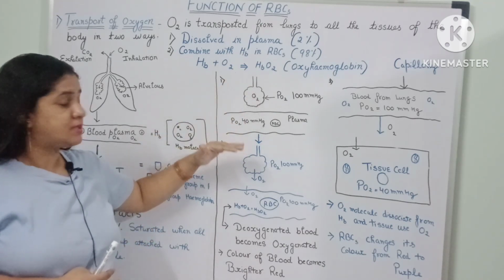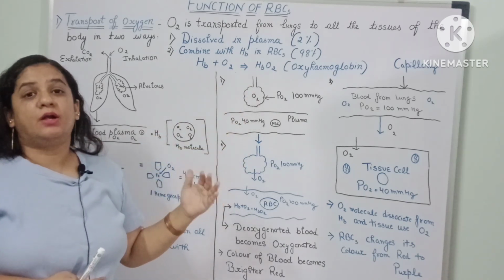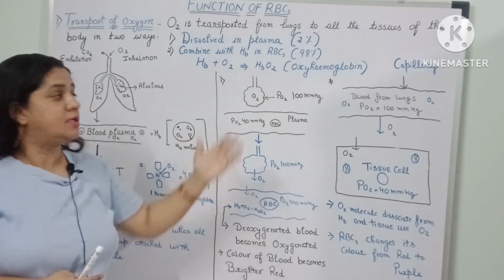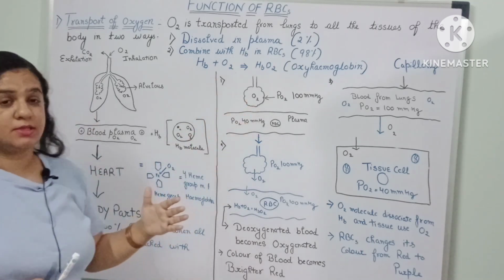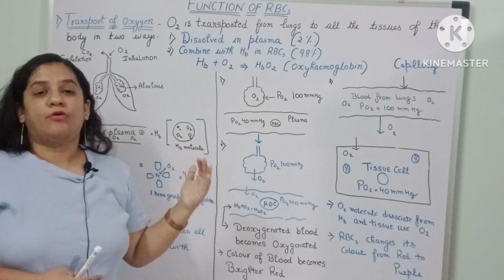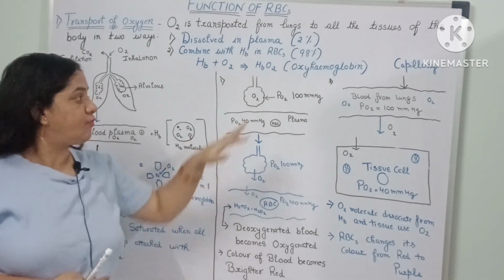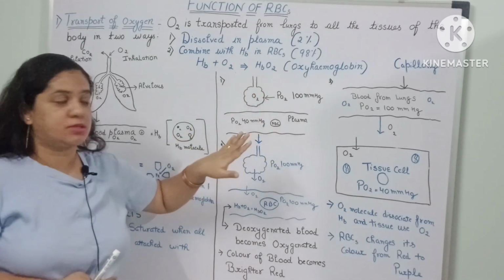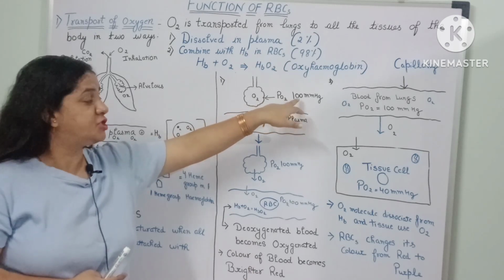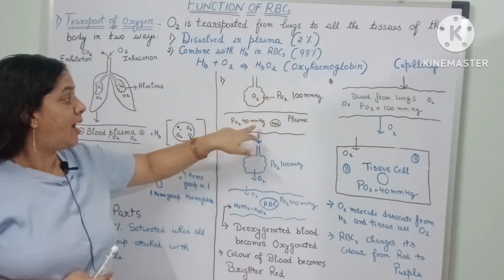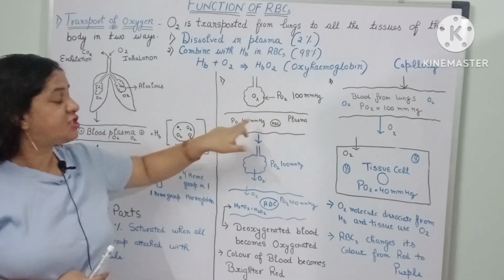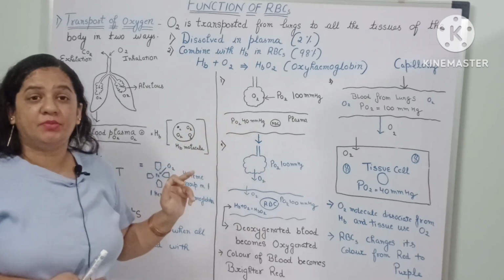So what happens is a process called diffusion of gases. Gases transfer from the higher concentration to the lower concentration. Here the partial pressure of oxygen is very high, 100 mmHg, and in the blood the partial pressure of oxygen is only 40 mmHg.